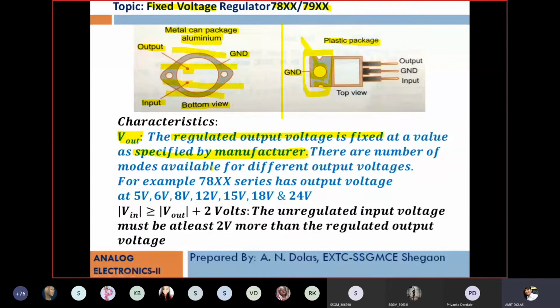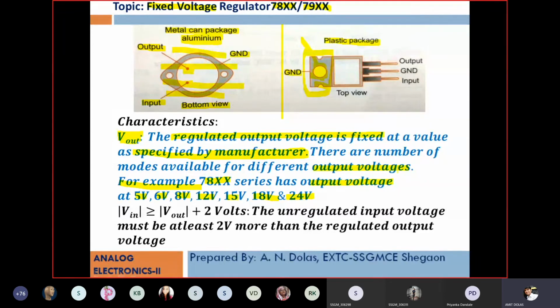A number of models are available for different output voltages. For example, the 78XX series is available in 5 volt, 6 volt, that means 7805, 7806, 8 volt, 7808, 12 volt, 7812, 15, 18 and 24 likewise.